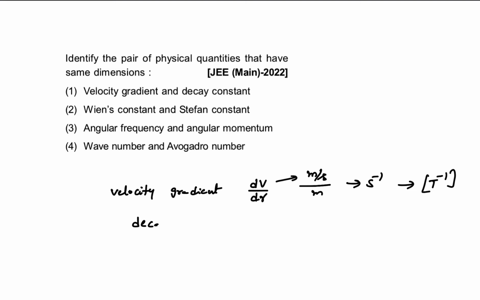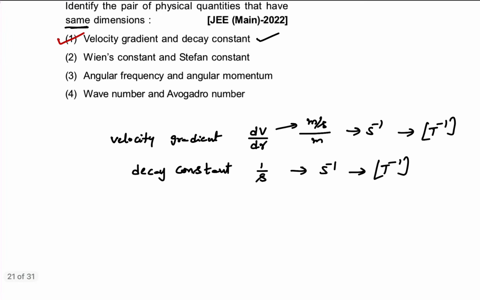Second minus 1 dimension is T power minus 1. Next, decay constant. Decay constant is per second only, so SI unit is second minus 1, T power minus 1. So the first option, they are asking same dimension only, and the first option is correct.